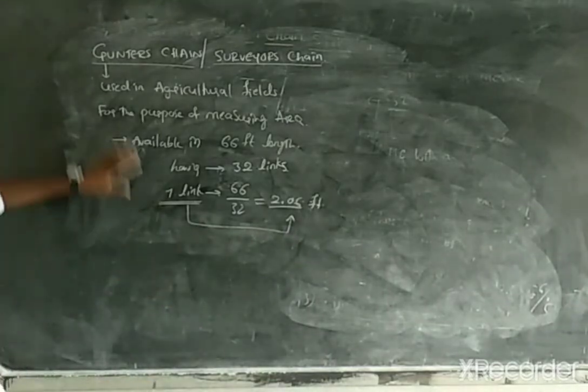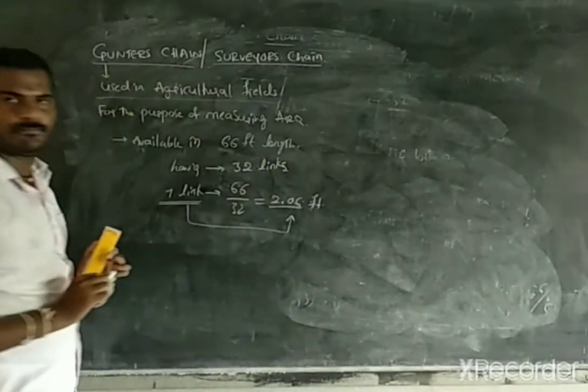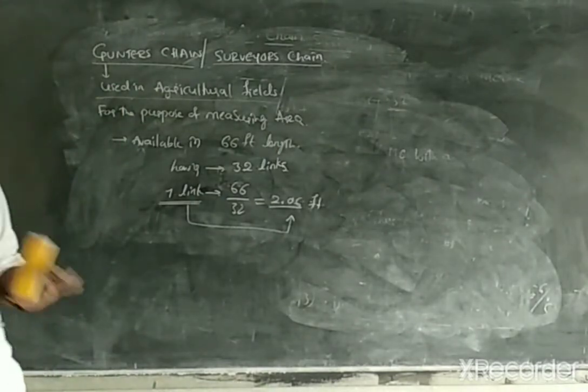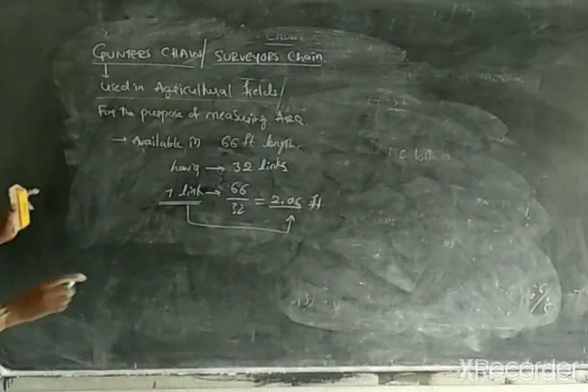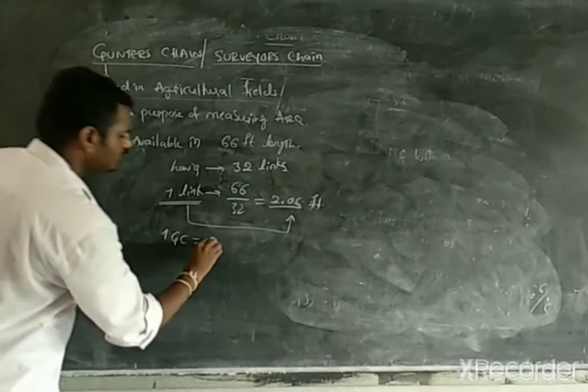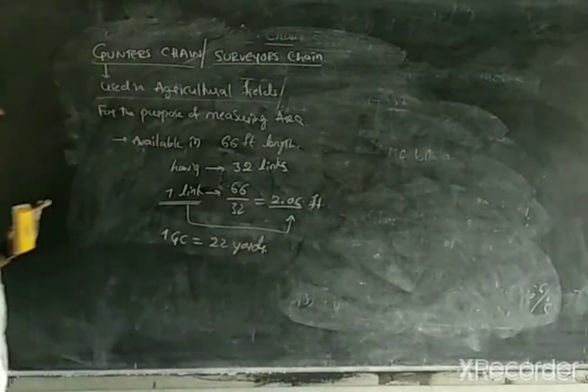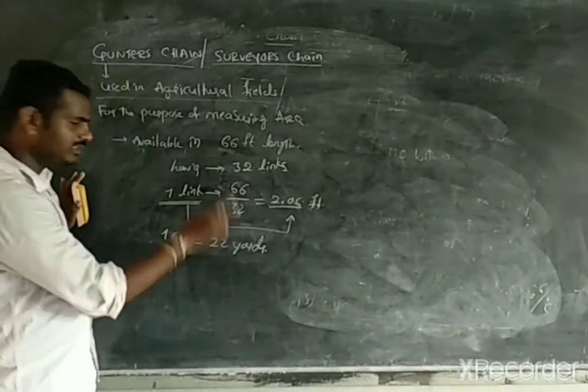So this particular type of chain is used in agricultural fields. Why? Because see here, one Gunter chain is equal to 22 yards.